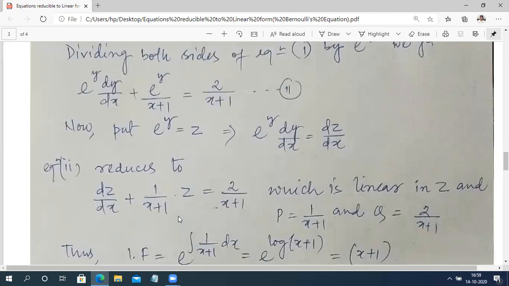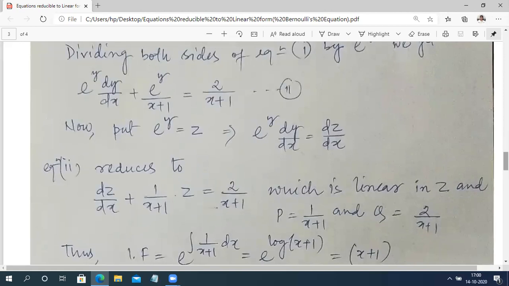So it will be like this: dz by dx plus z by x plus 1 is equal to 2 by x plus 1. Now you can see this is linear in z, where p is this 1 upon x plus 1 and q is again 2 by x plus 1. Both are functions of x alone.